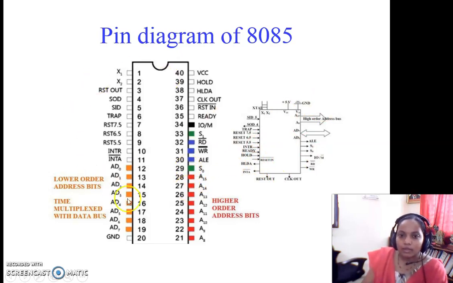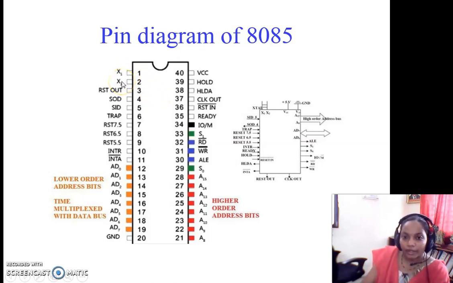Now let us discuss the pin diagram of 8085. Here at the top of the pin diagram you can see the notch is present. To the left of this notch the pin number 1 is present and it goes up to 40. So 8085 is a 40 pin IC.